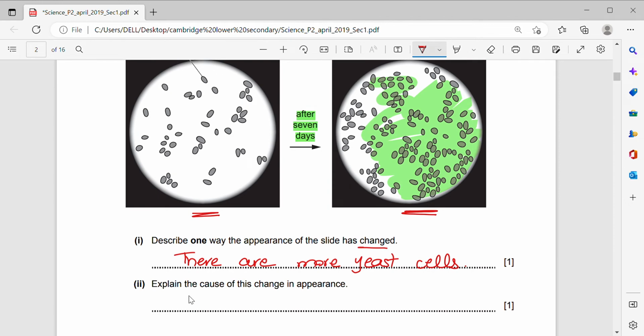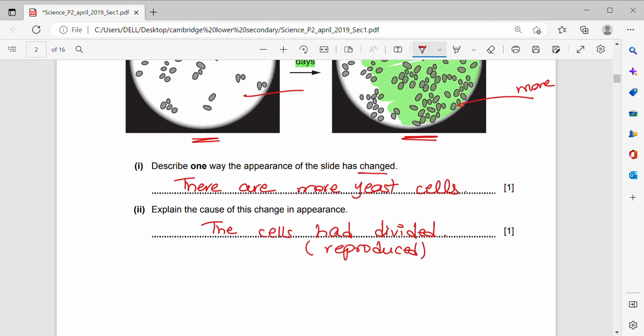Explain the cause of this change in appearance. ليه هنا أنا عندي more yeast cells وهنا عندي less yeast cells؟ حصل إيه للcells؟ The cells divided أو حصل reproduction. يبقى you can say the cells had divided, أو in other words the cells reproduced. حصل reproduction, that's why there is an increase in number.